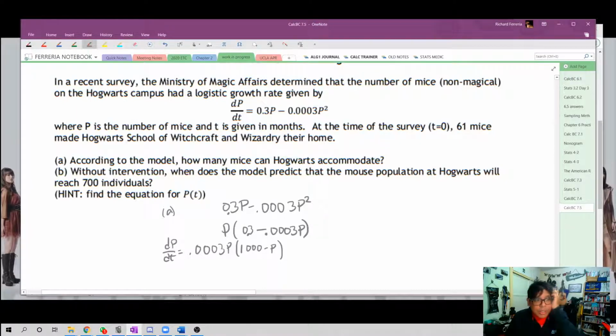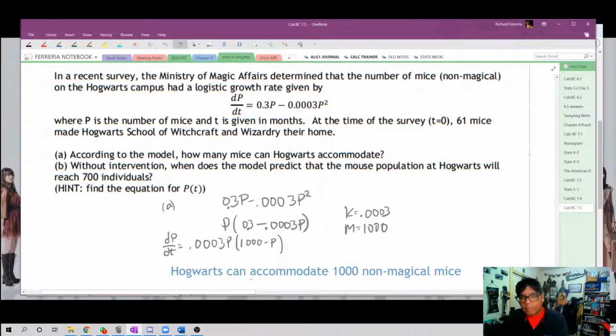So we get dP/dt is 0.0003P times (1000 minus P). Reading that tells me k equals 0.0003 and M equals 1000. We can answer the question to part A. How many mice can Hogwarts accommodate? Hogwarts can accommodate 1000 non-magical mice.